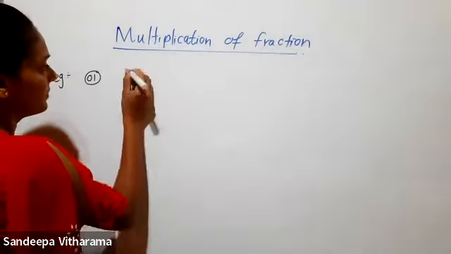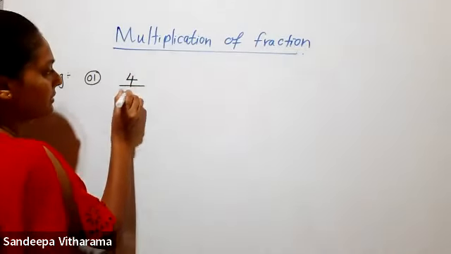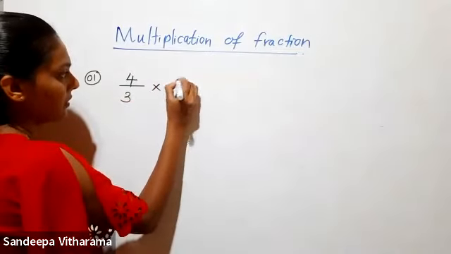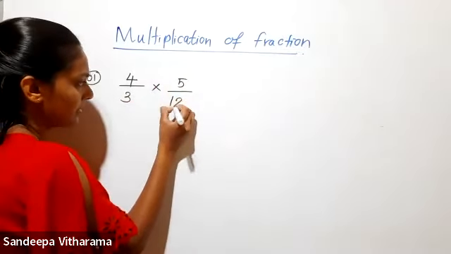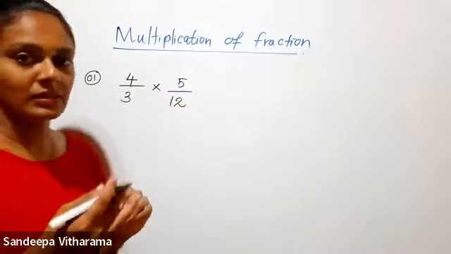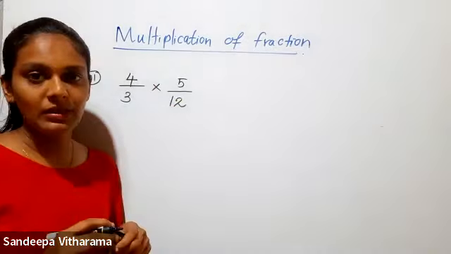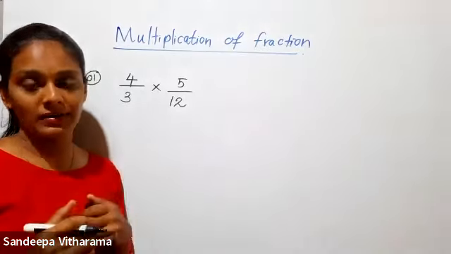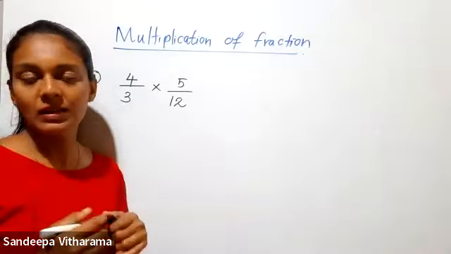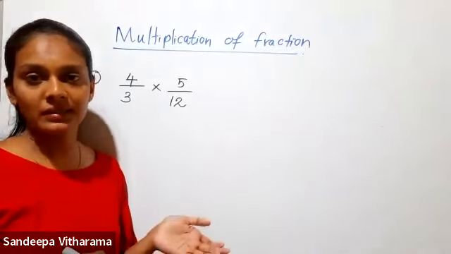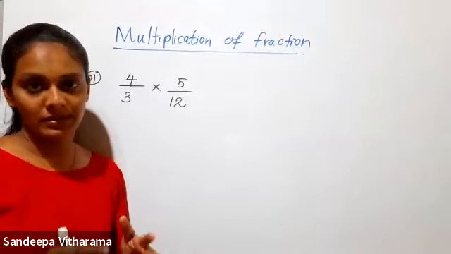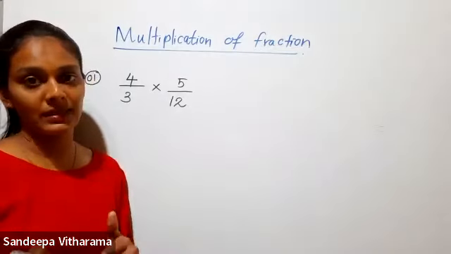So example 1. Look here. 4 upon 3 is multiplied by 5 upon 12. Now, when it comes to multiplication, you have to identify the common factors. We can cancel the common factors in the numerator and denominator.